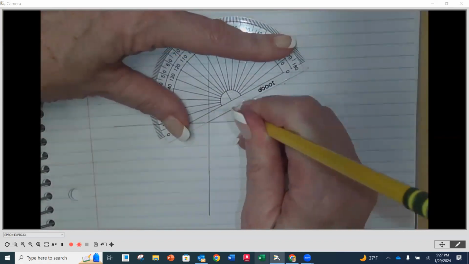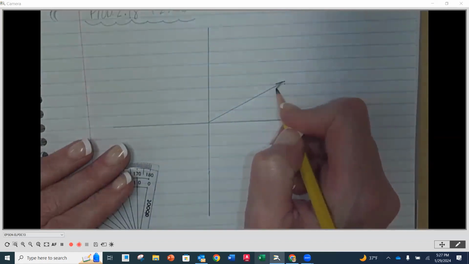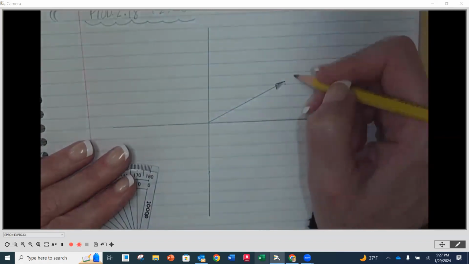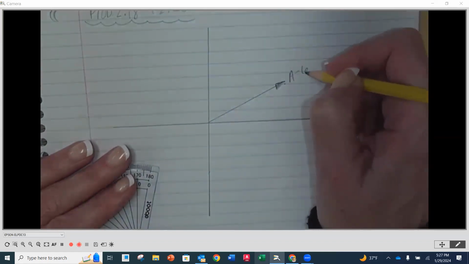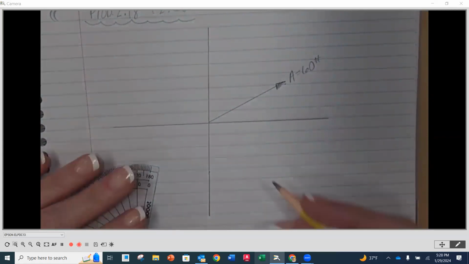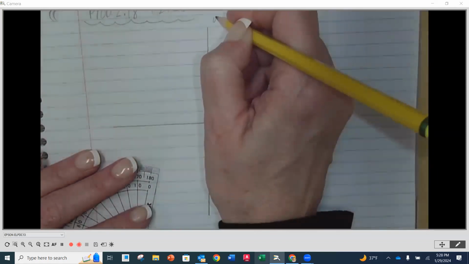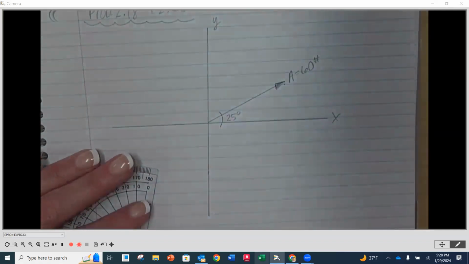Now I'm not going to measure the length, but proportionally, we know that some of these are longer or shorter, and I'm also going to call this force A. That way, when I have a force, you want to give it a variable, because then when I do these components, I can have an AX, an AY, and so on. And then I know that this is at 25 degrees. This is my Y-axis. This is my X.